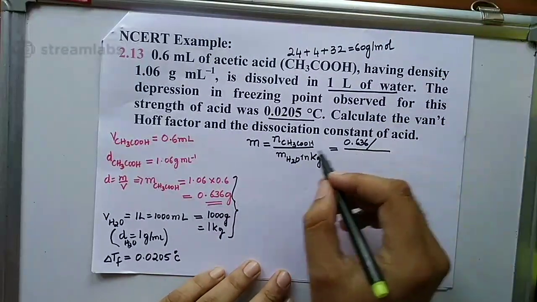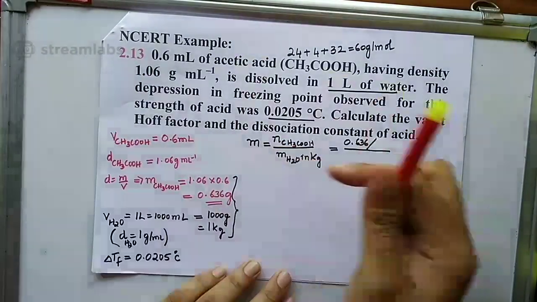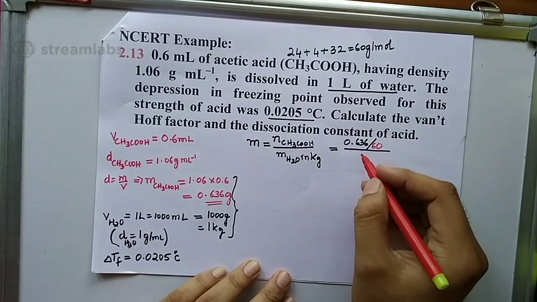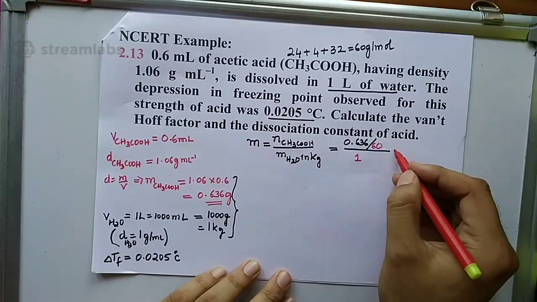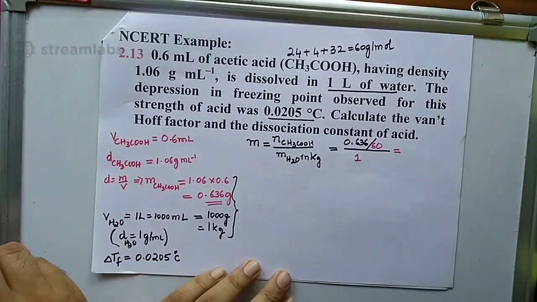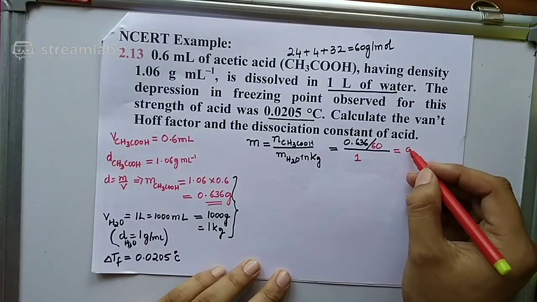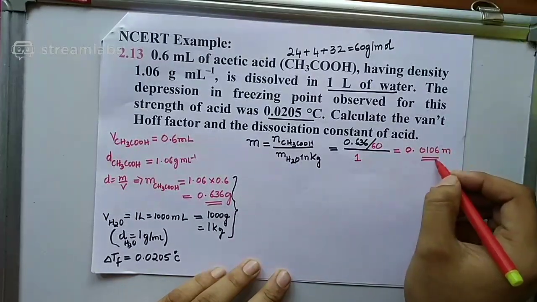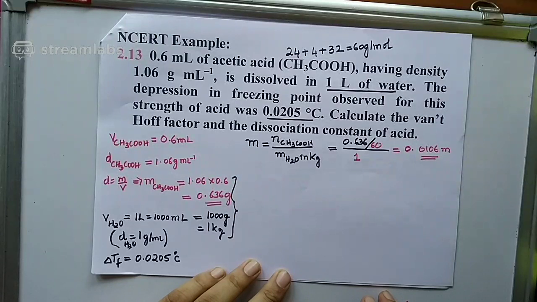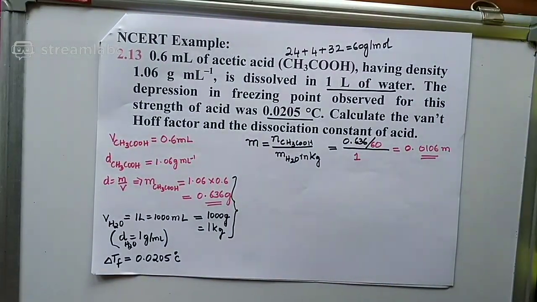Now to find the number of moles, 0.636 divided by the molar mass of acetic acid, 60, divided by the mass of solvent in kg. So 1000 grams is equal to 1 kg. What should be the answer for this? Solve it using a calculator. It will be equal to 0.0106 molal. Now we have the molality of the solution. Now we can calculate delta TF.